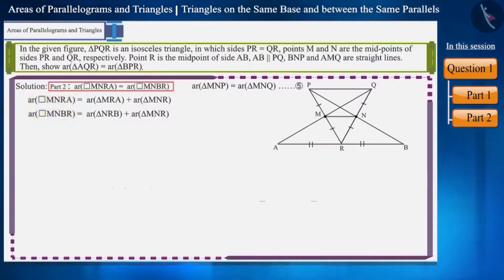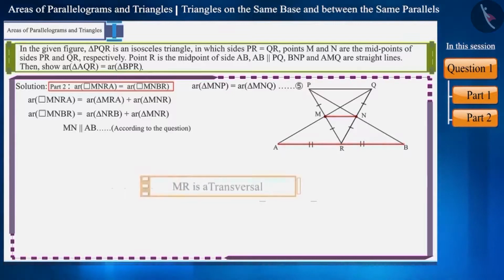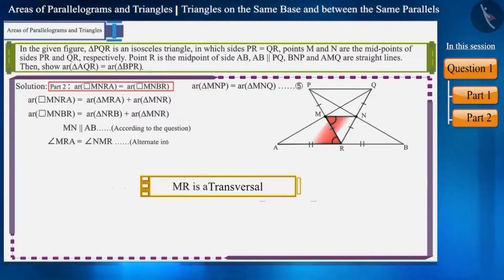Friends, it's given that AB is parallel to PQ, and we know that MN is also parallel to PQ. Therefore, MN and AB will also be parallel to each other. If we consider MR as a transversal, then angle MRA and angle NMR will be alternate interior angles.